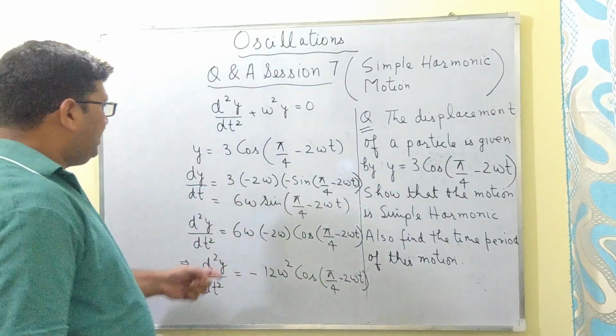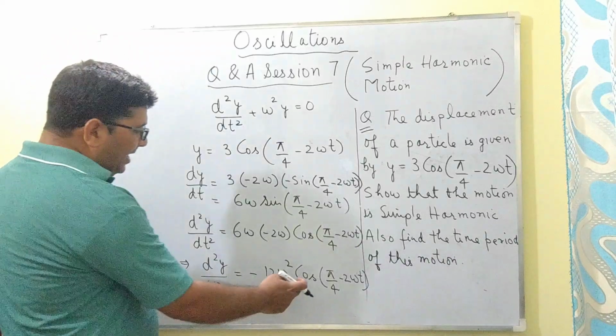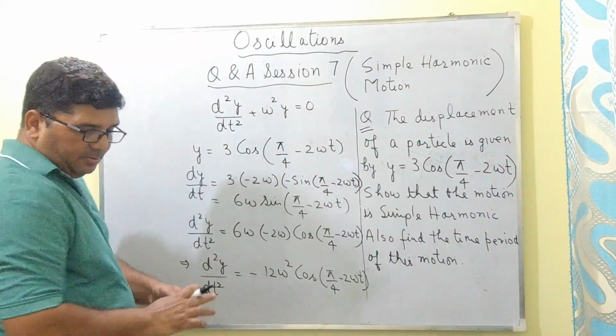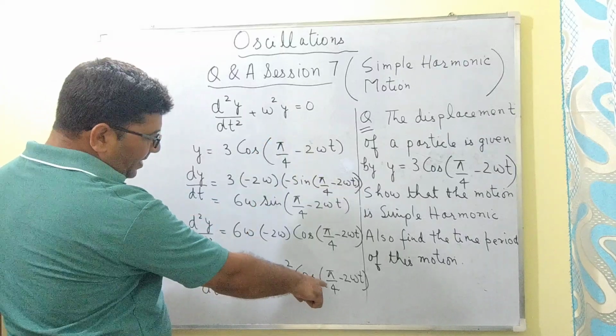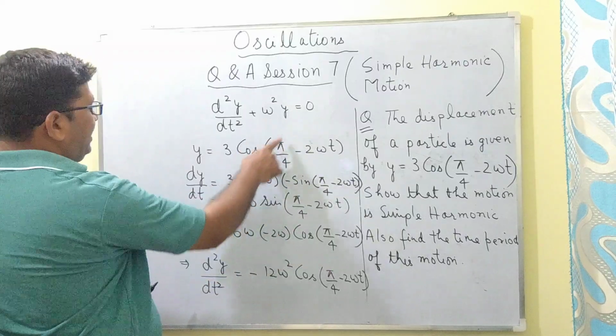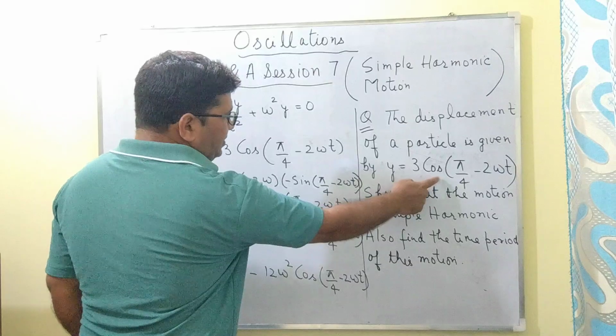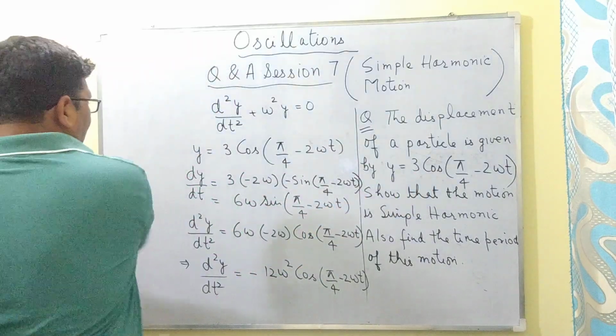Now here the value of cos(pi/4 - 2 omega t) from the given equation is equal to y upon 3.